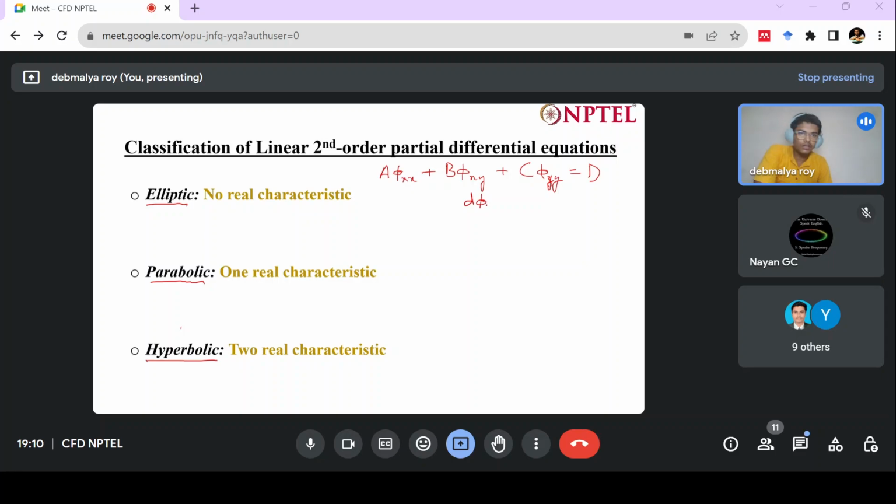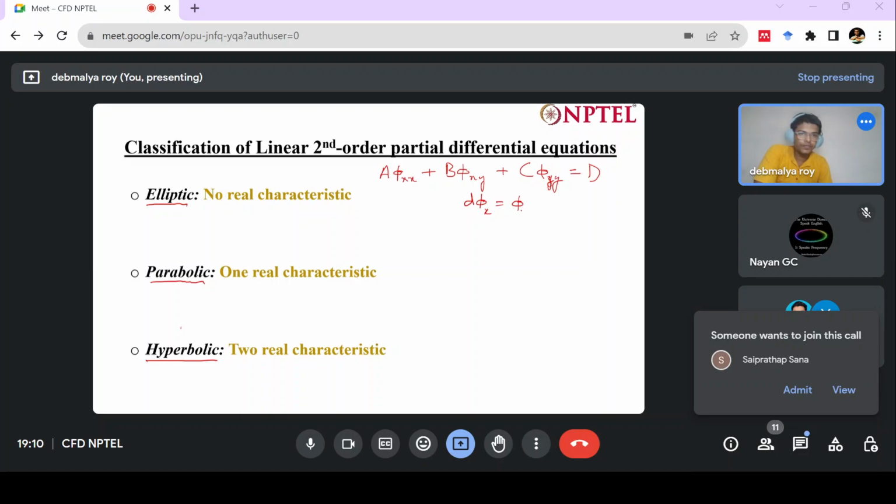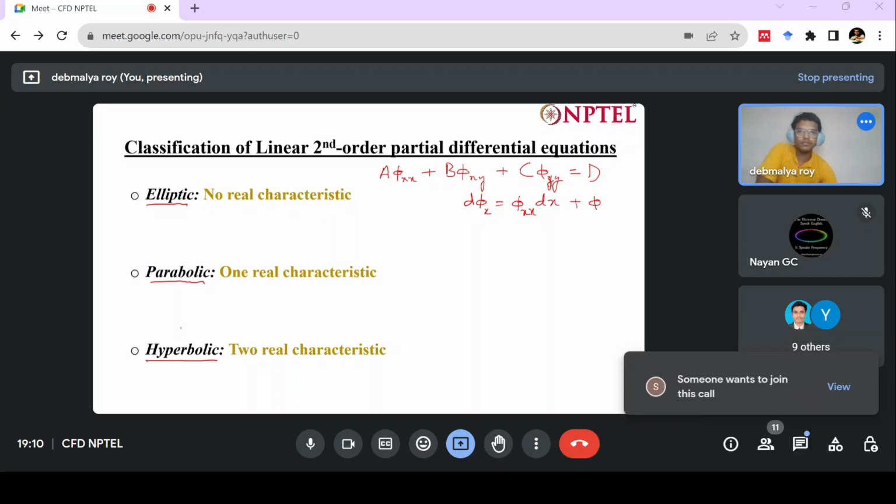So phi x can be written like this. If someone is trying to join, I will admit them.